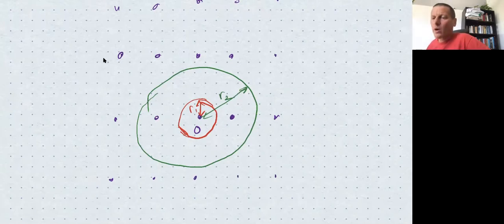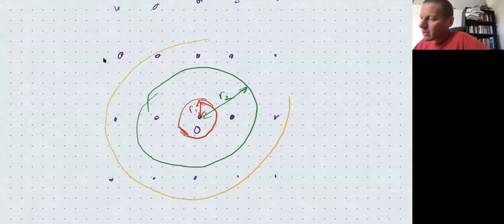So it contains one linearly independent vector, but not 2, because any 2 here are linearly dependent. They're on the same line. And when I make this even longer, I pick up 2 linearly independent vectors, namely, say, this one and this one.